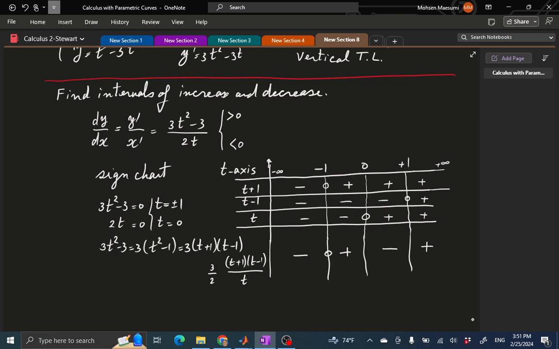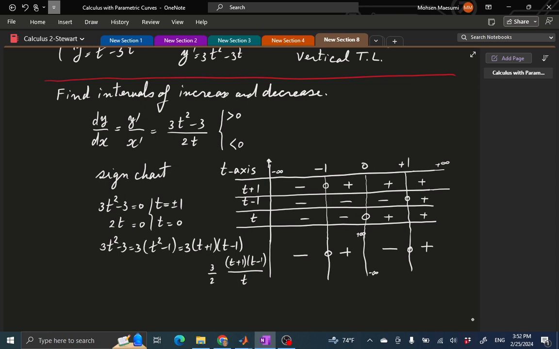At t equal to plus 1 also I get 0. At t equal to 0, since I'm dividing by that quantity, I am dividing a number by 0, I'll get infinity. Infinity can be positive or negative, so it can be plus infinity and negative infinity for us. So that's the sign chart from pre-calculus.